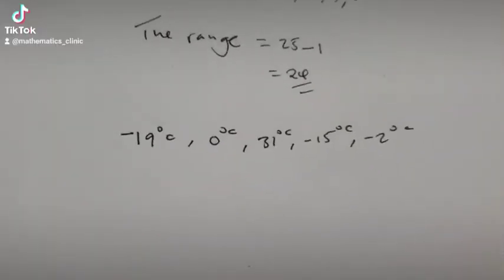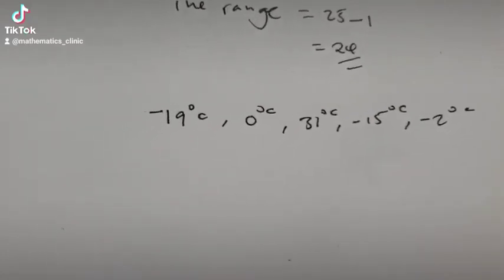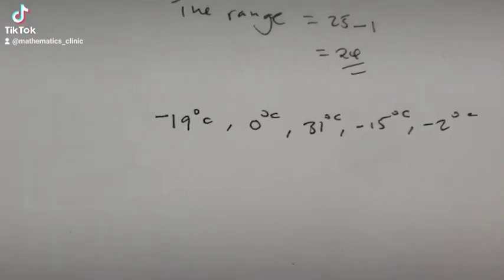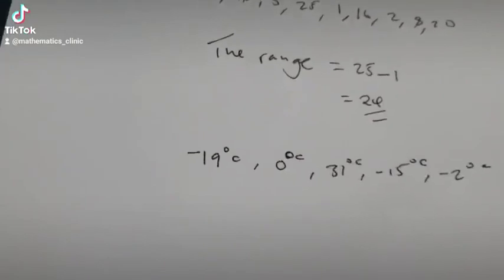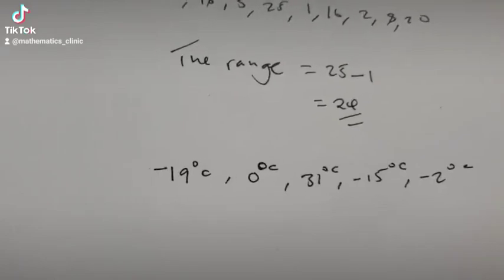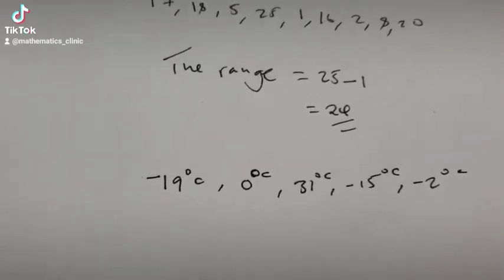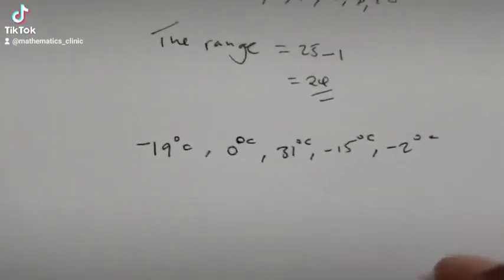Let's take it to temperature. In our data, we have negative 19 degrees Celsius, 0 degrees Celsius, 0 degrees Celsius, 31 degrees Celsius, very hot, negative 15 degrees Celsius, negative 2 degrees Celsius. Somebody's freezing.